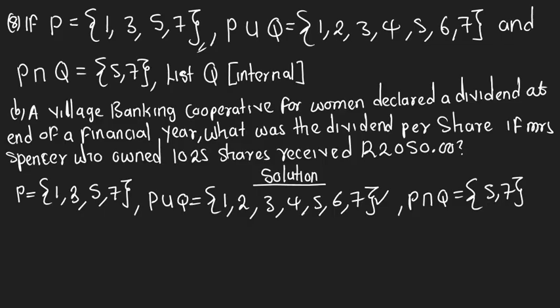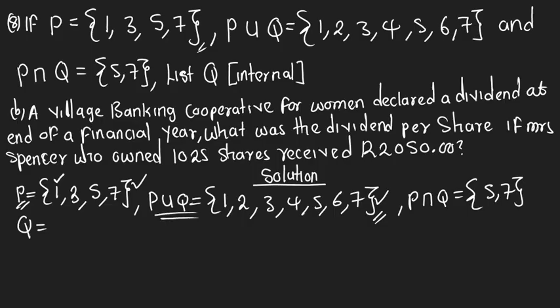Now they are asking, what is set Q comprising of? This is what we are going to do. Set P has these numbers: 1, 3, 5, and 7. When you add it to set Q, you are having these numbers. This is a union. So what you do is remove all the P values from this particular set.